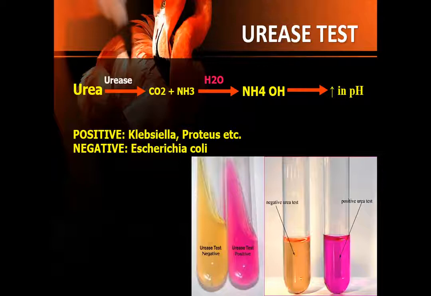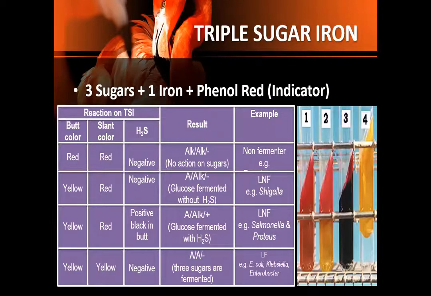A positive reaction is shown by Klebsiella and Proteus, and the negative reaction is shown by Escherichia coli. Okay, so E. coli is not a urease producing organism. They cannot degrade urea, and Klebsiella and Proteus are common urease producing organisms.